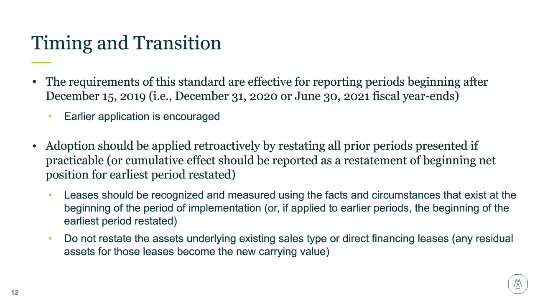But because it does need to be applied retroactively for all periods presented, it is a really good idea to start the process now. Maybe you could do a dry run, get 2019 calculated so that when you are in the year of implementation, you already have that prior year restatement amount ready to go, even if you choose not to early implement.